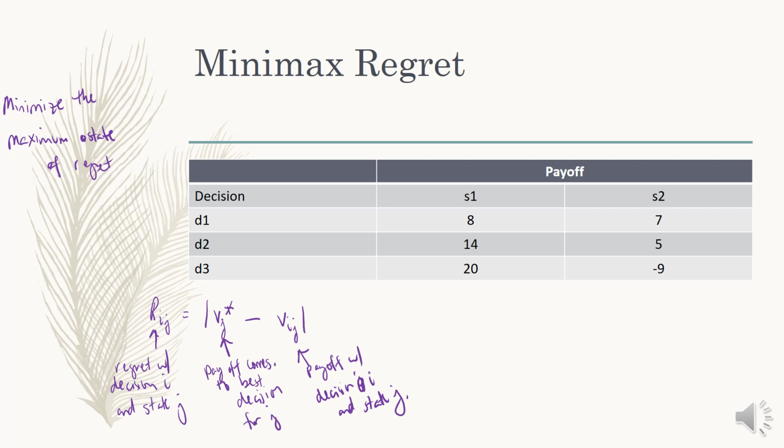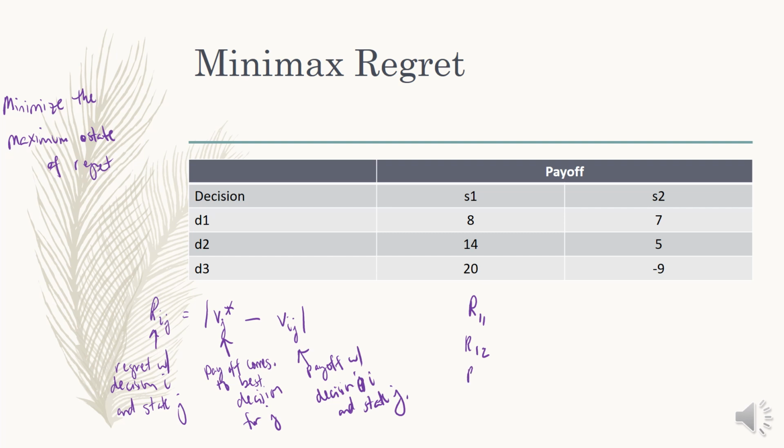You can see they're kind of a lot. What we're going to need to do is figure out all of these regrets, and then find the smallest of them. So we need R11, the regret of building a small condo and then having high demand. R12, the regret of building a small condo and having weak demand.